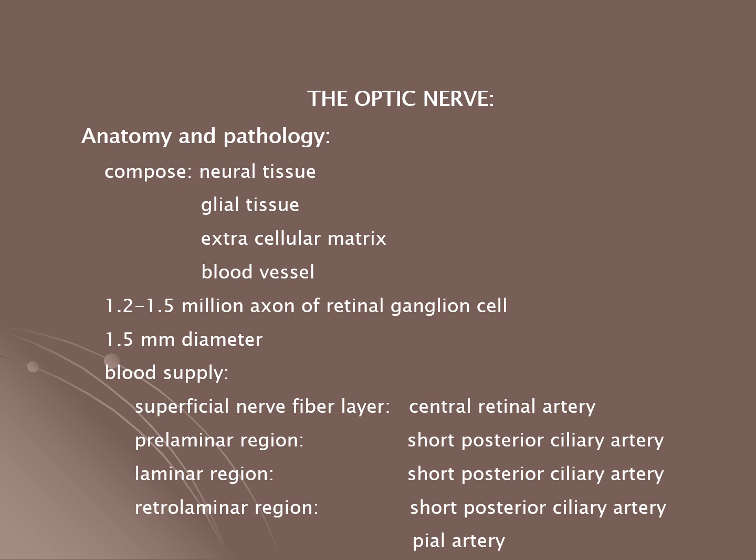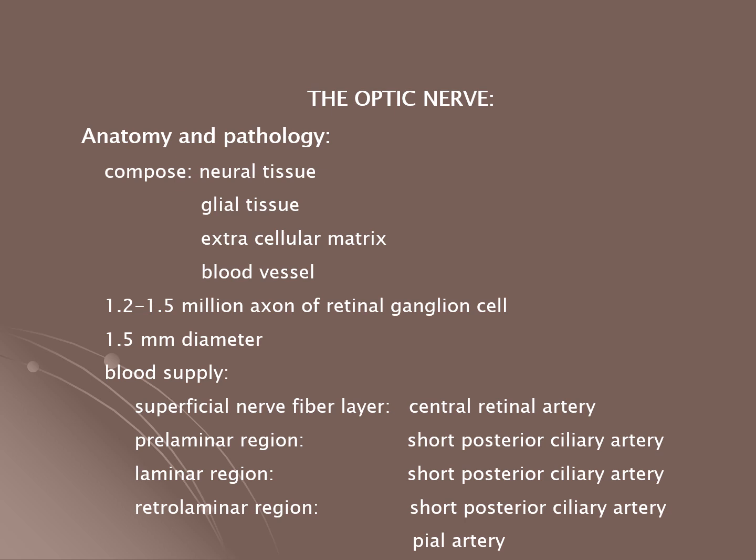The optic nerve is composed of neuronal tissue, glial tissue, extracellular matrix, and blood vessels. Normally, 1.2 to 1.5 million axons of retinal ganglion cells are present in an optic nerve, and they are constant.